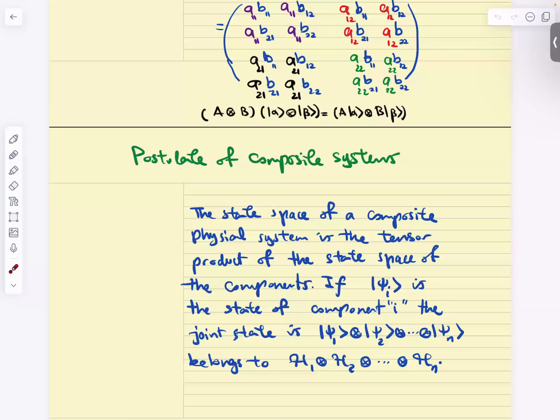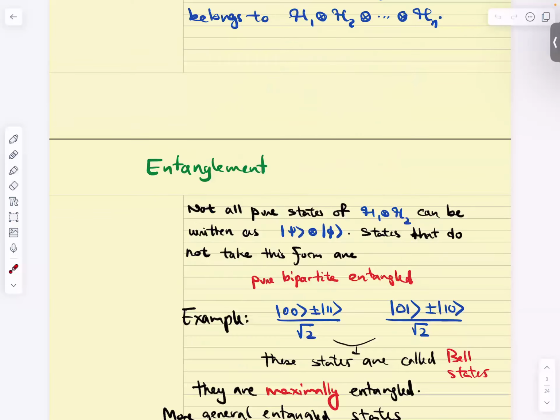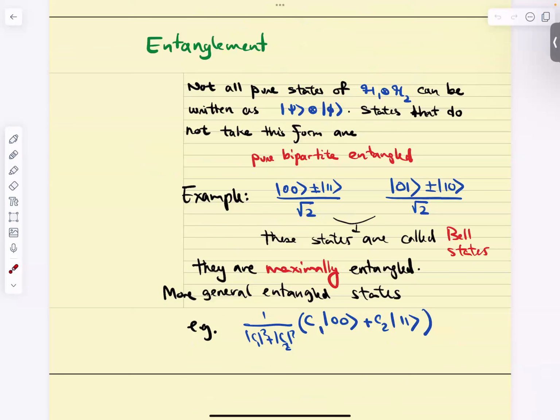It's just the most natural thing you would do, but it has dramatic consequences, as we discussed. It allows for the existence of pure states of the bipartite system that could not be written as a pure state of the constituents tensored together.